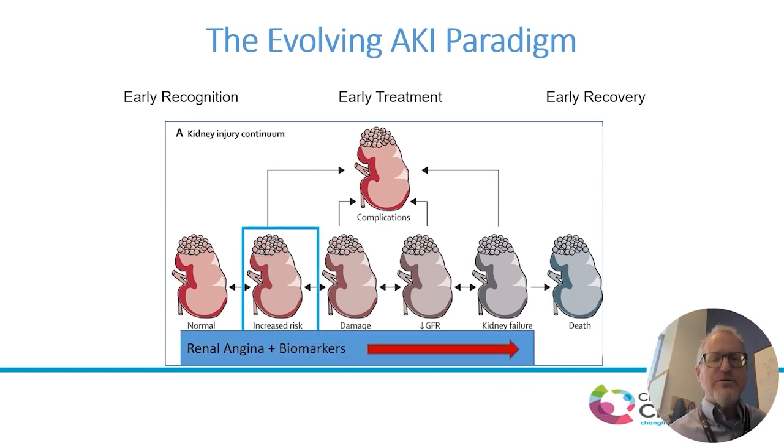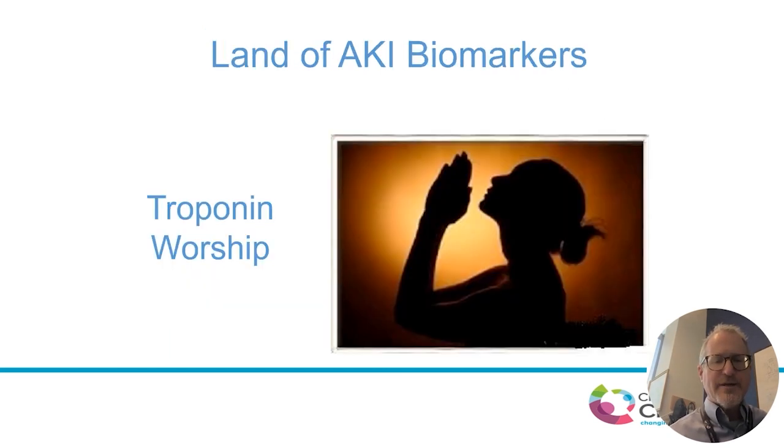But what we need to do is really systematically identify who is going to benefit the most from biomarkers. If we get an NGAL in every patient in the ICU, just like if we got a troponin in every patient who had chest pain or in an ICU, the performance is going to degrade significantly.